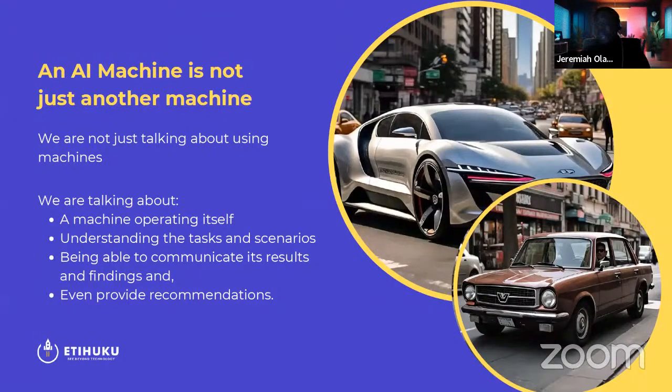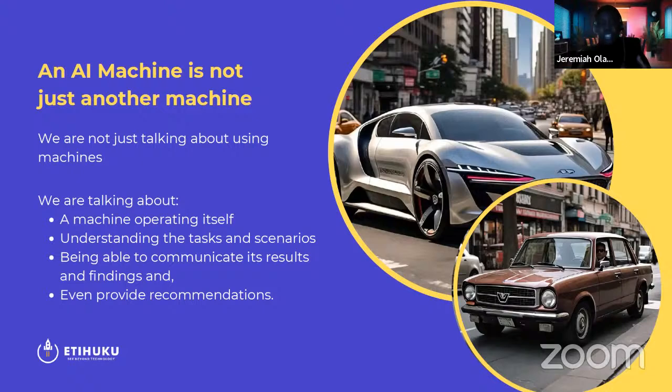And not just any human being, that human being also needs to be trained on how to drive a car, right? So now, if you have a self-driving car, it is no longer just some parts that are put together. It is now an intelligent system.